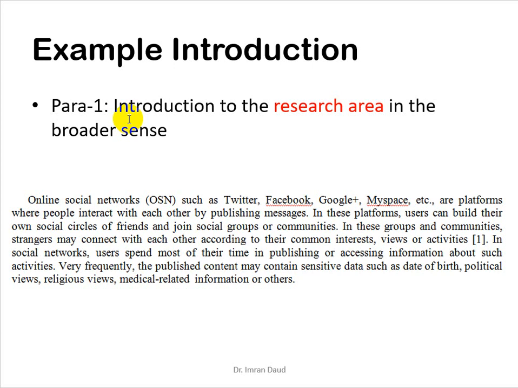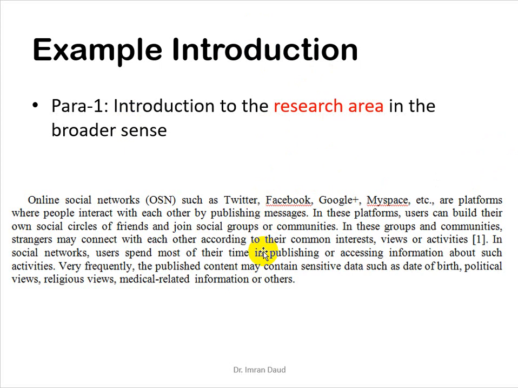The theme of this paragraph is only the research area. You cannot mention the problems or the solutions in that paragraph, because there is a different paragraph for these things. So you only focus on the research area in the whole paragraph. You can write several different sentences in this paragraph.